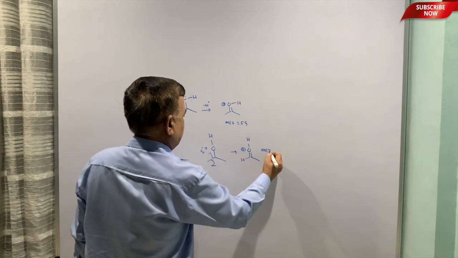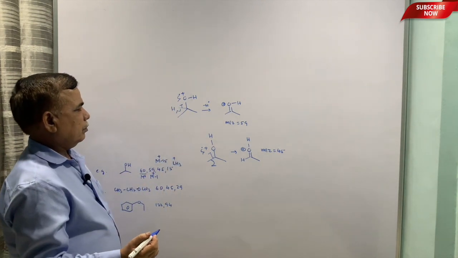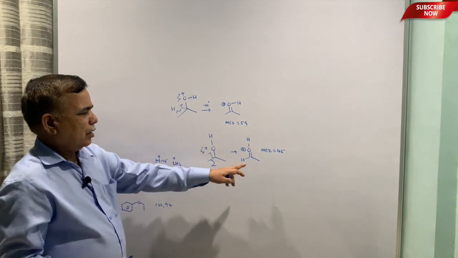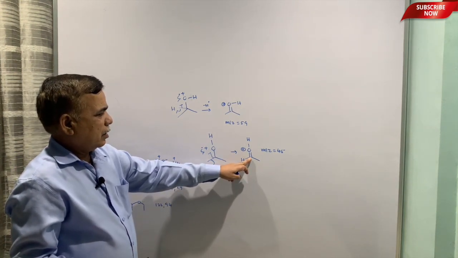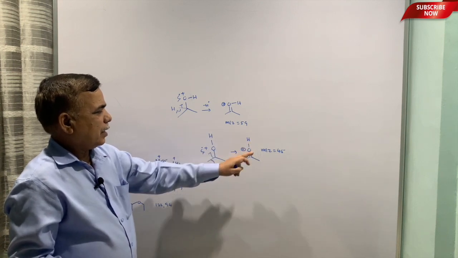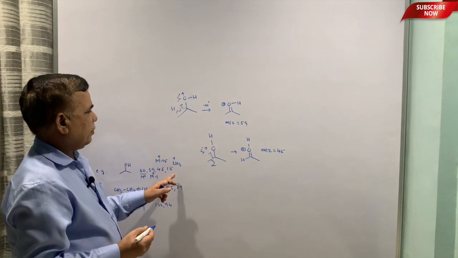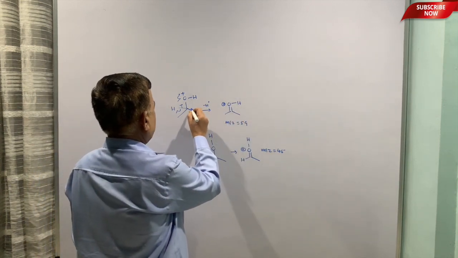This is m/z equal to 45, because we are losing 15. So, no need to count, but still you can count: 15 plus 12, like 13, that is 28, 29 and 16, that is 45, and 15 is when methyl goes off.